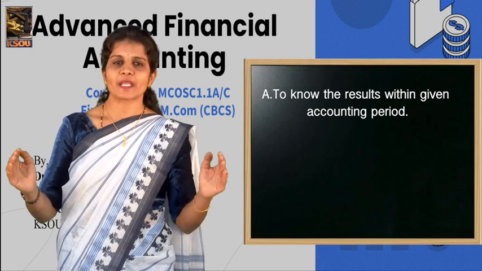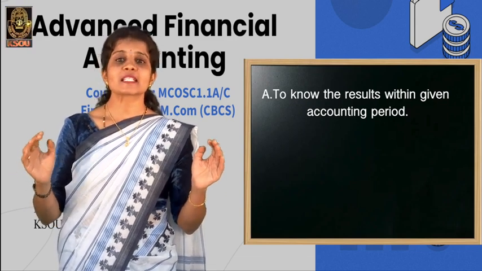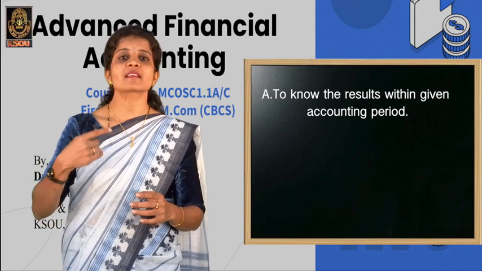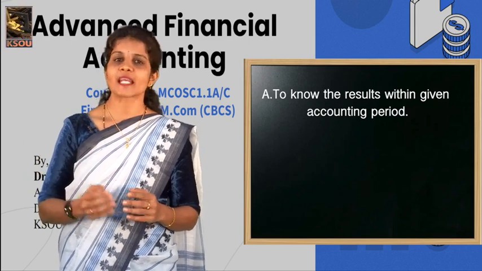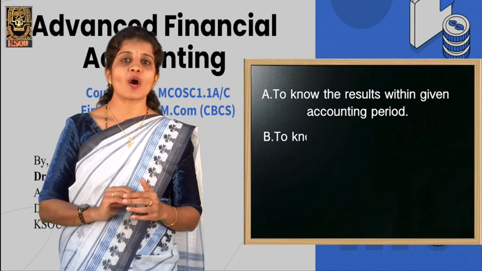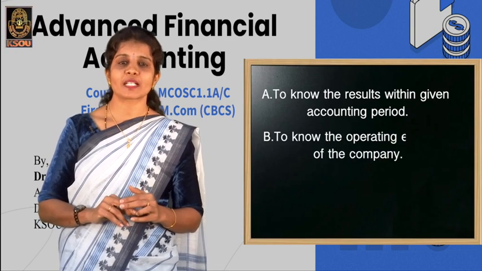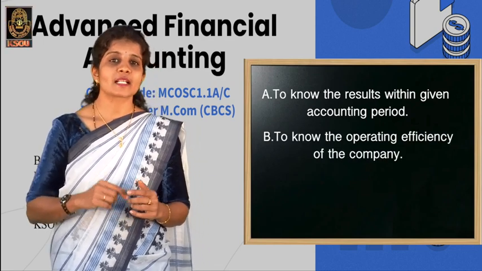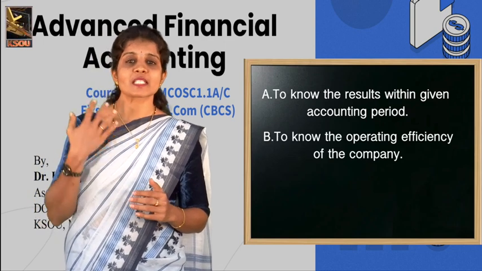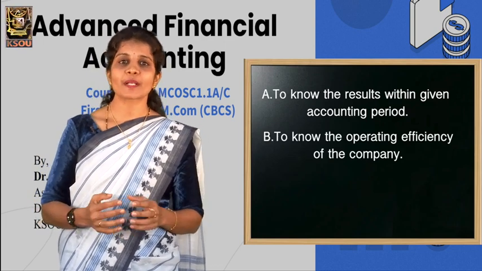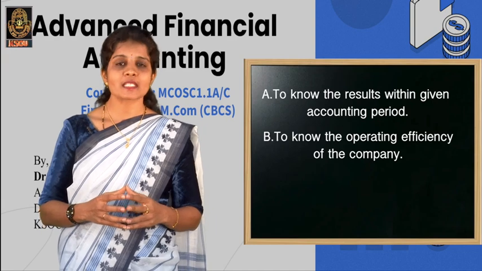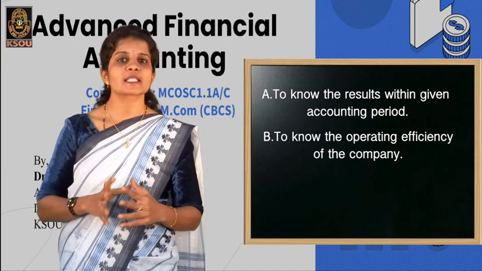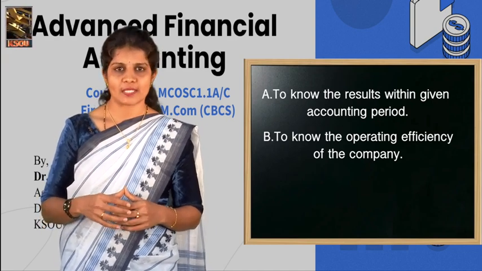So for this period, what are the results of the company in terms of profit? Next is to know the operating efficiency of the company. So what is the company's effectiveness and efficiency in terms of operating activity? That can be assessed through this statement of profit and loss.